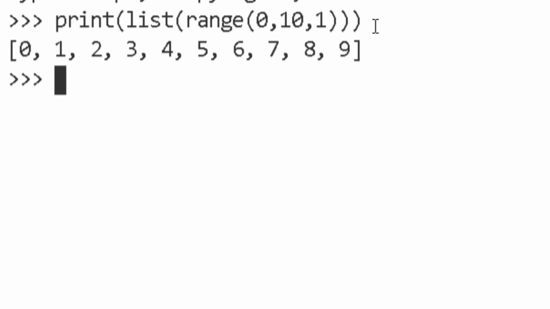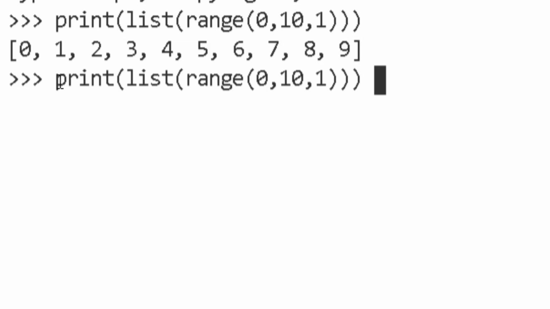Okay, there you are. We now have the list of 0, 1 to 9. How about if we want to print it 9 to 0? You simply copy this one and put it here.